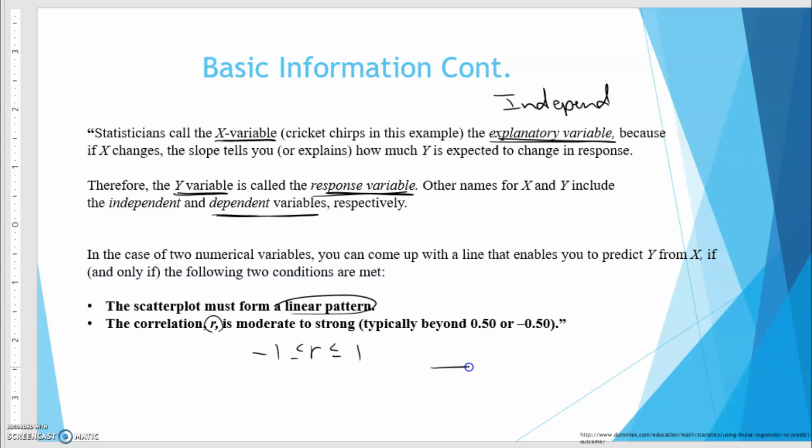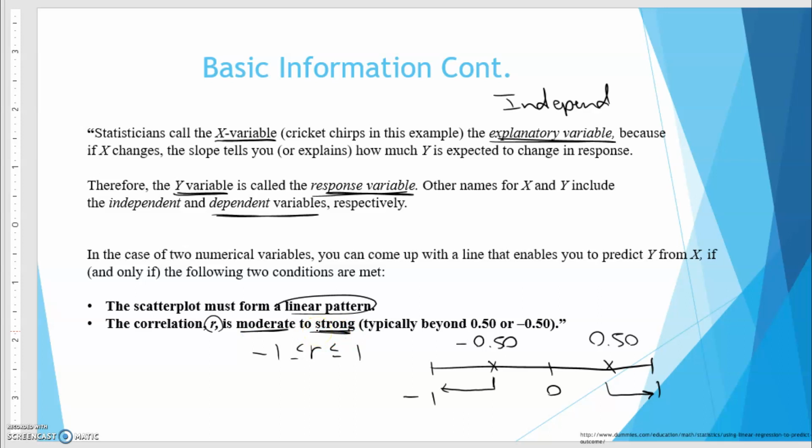If we have a number line here, here's 0, here's +1, here's -1. If this is 0.5 and this is -0.5, from here onward, if your R goes from -0.5 down to -1, or if your R goes from 0.5 up to 1, that is moderate to strong.